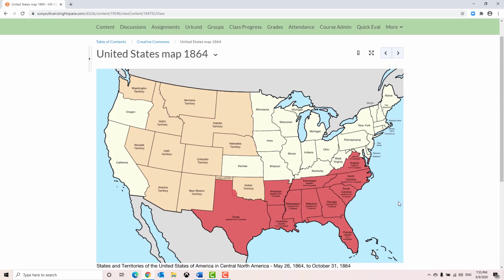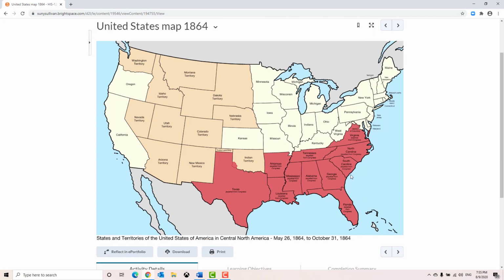One of the things I have is a map of the U.S. in 1864. This is South Carolina, and Fort Sumter was in the city of Charleston, a coastal city, so it's about here. This map shows the division of the country by 1864. The light yellow is the Confederate States of America, this is the United States of America, and everything in gold are territories, which aren't states at this point.